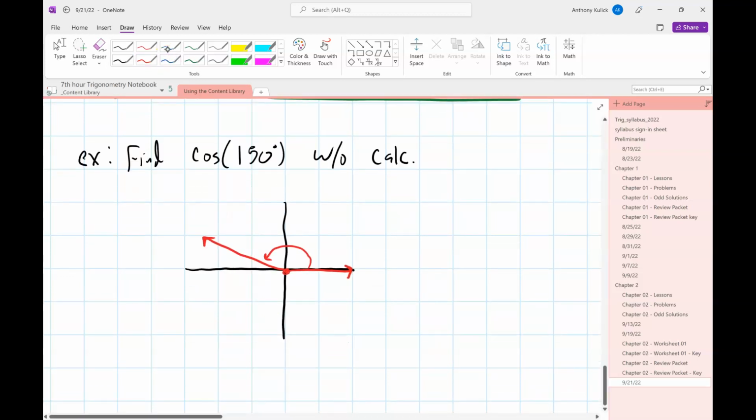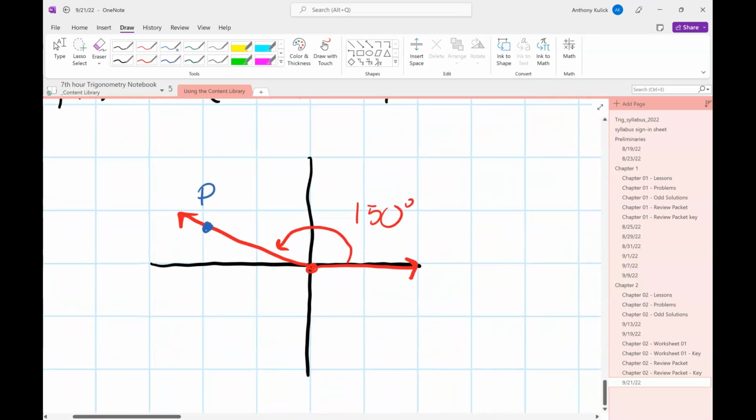So there's my 150 degree angle. I'm going to pick some point here on my terminal side. I'm going to draw my right triangle. What does this angle down here have to be?